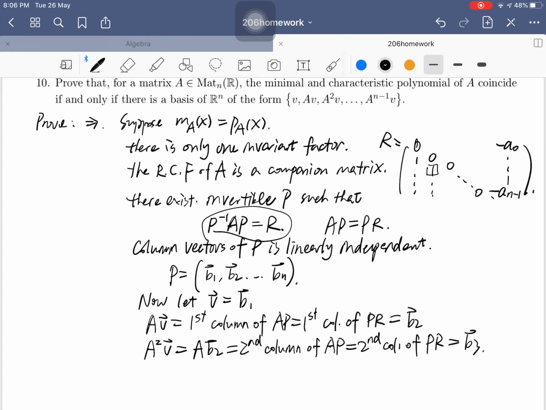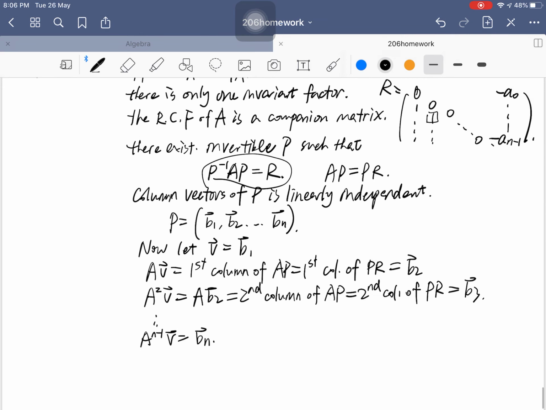Similarly, we get A to the n minus 1 v equal to Bn.